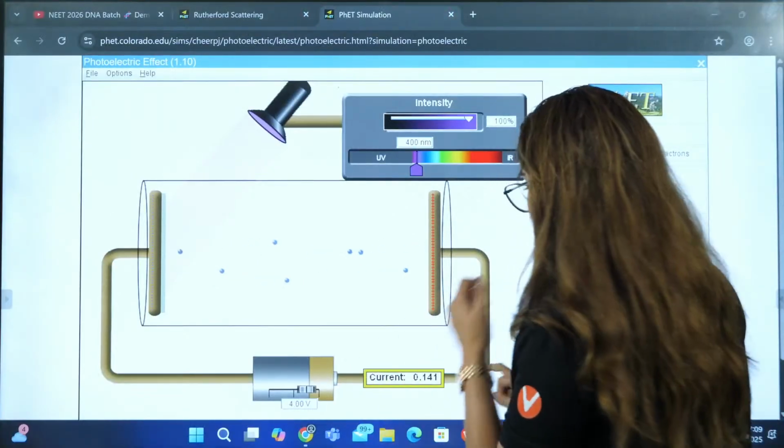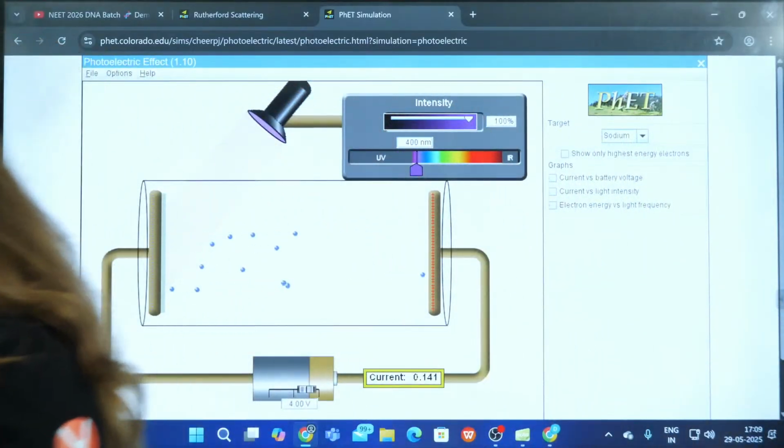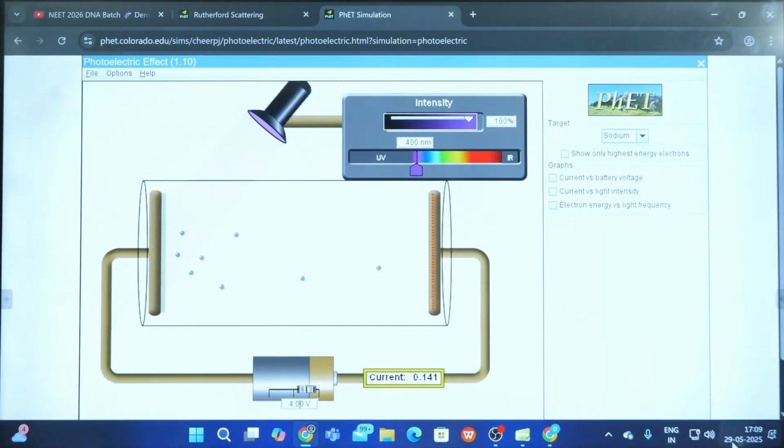Now, let's see at negative what will happen. Let's try -2. At -2 it is 0. At -3 it is 0. Wait a minute, let's put smaller numbers here. Let's put -0.04.